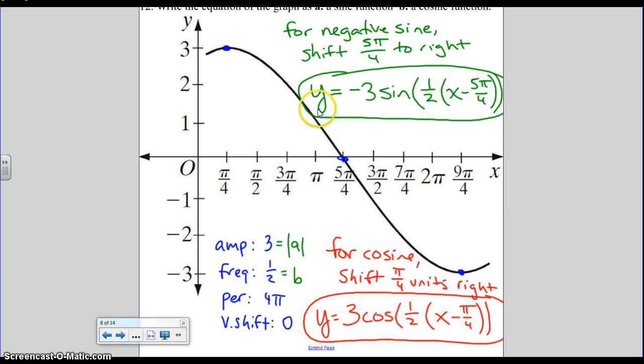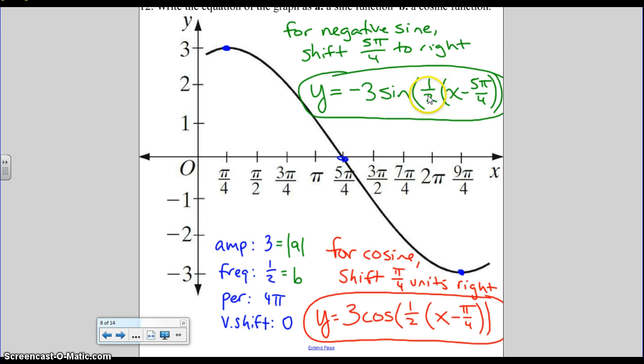Now, if we're looking at this as a negative sine wave, we're looking at this as our starting point right here at 5 pi over 4. So that would be shifted 5 pi over 4 units to the right. So, if it's a negative sine, I put in a negative A, which is 3, or in other words, the A value is negative 3.